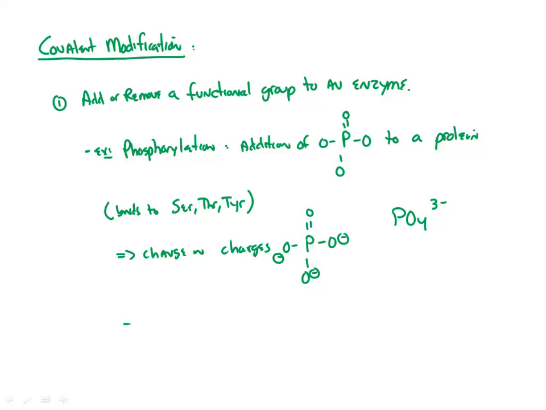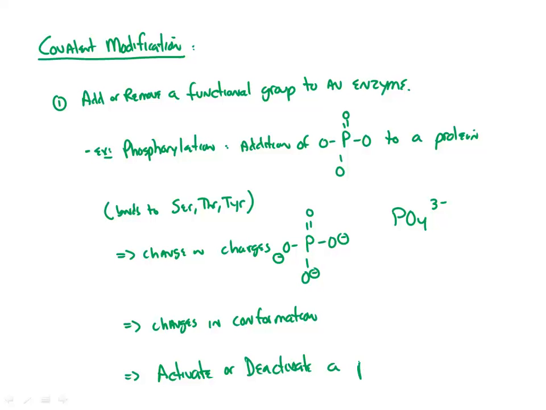And so this, of course, leads to changes in conformation. And this can be used to activate or deactivate a protein or an enzyme. I guess that's probably a better way to say it.